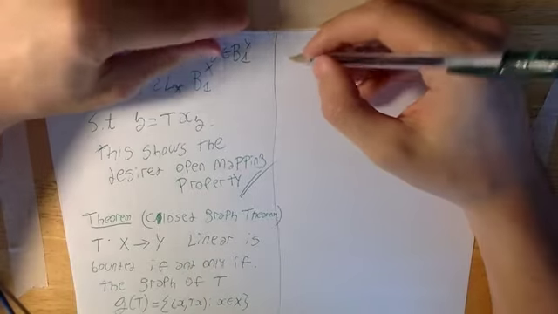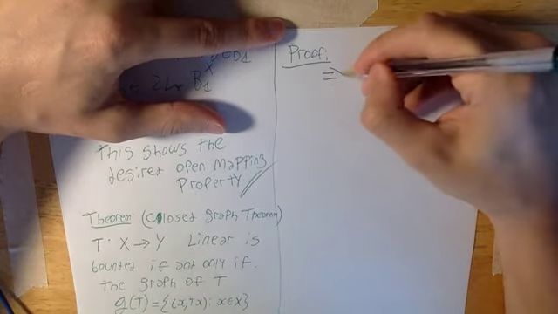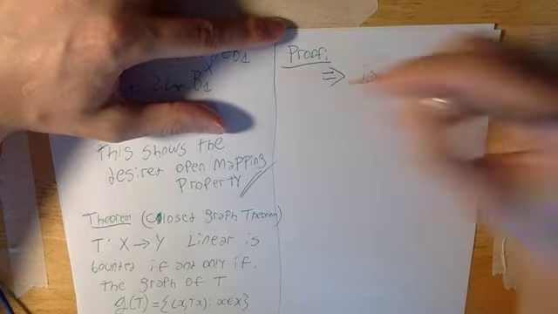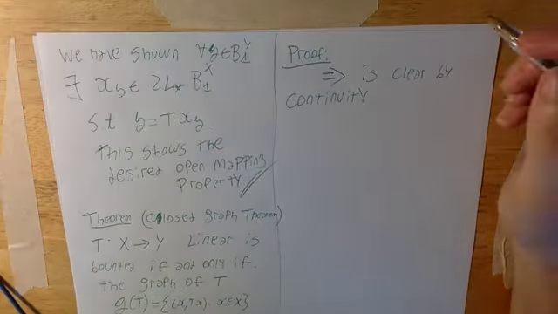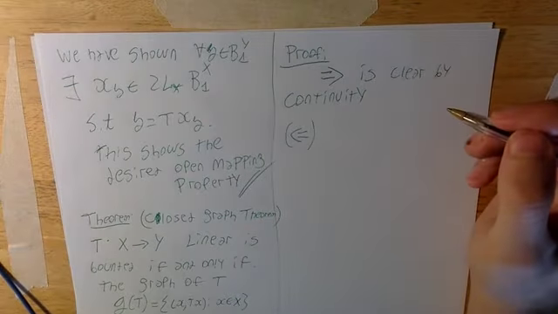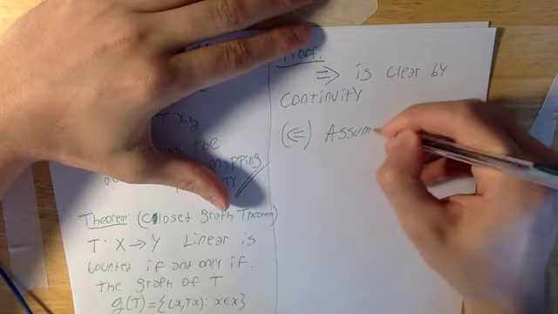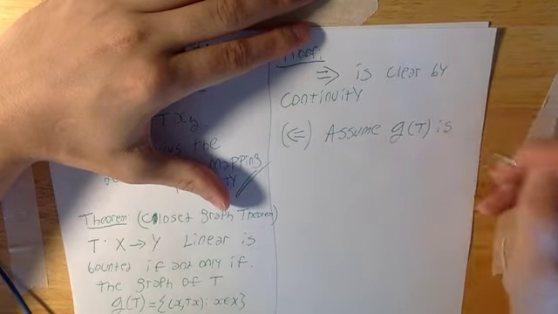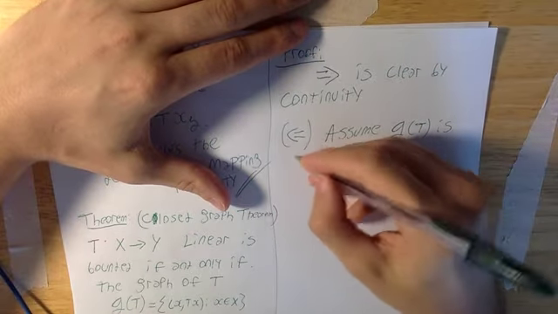So the proof. This implication is clear by continuity. Let's see if I can remember the proof of the other way around. So assume G of T is closed.